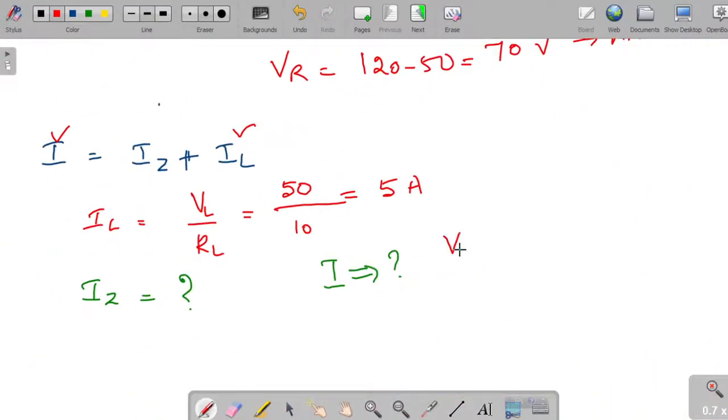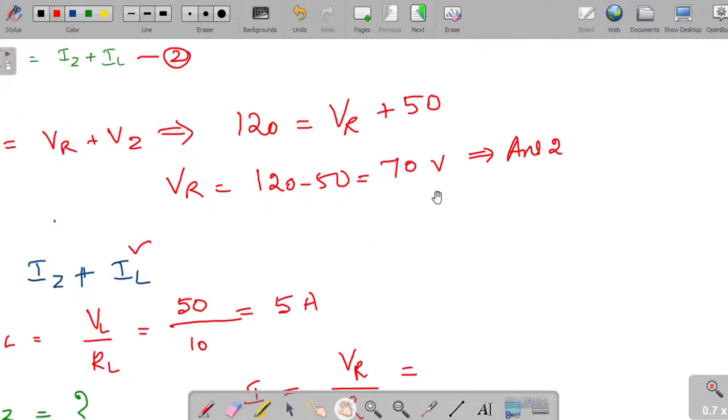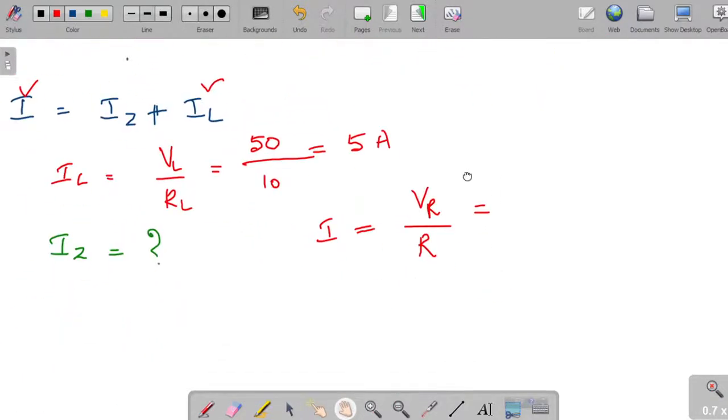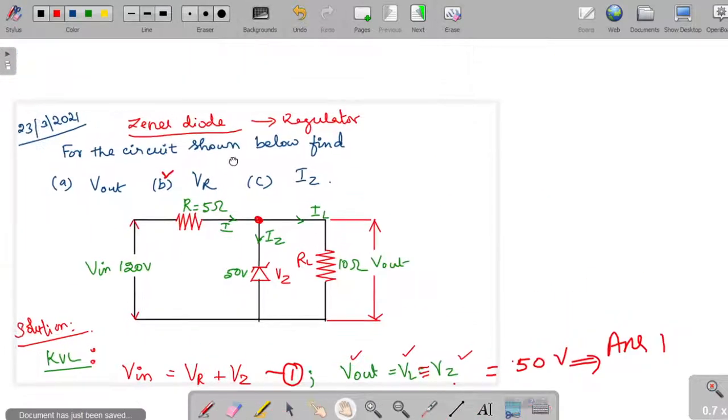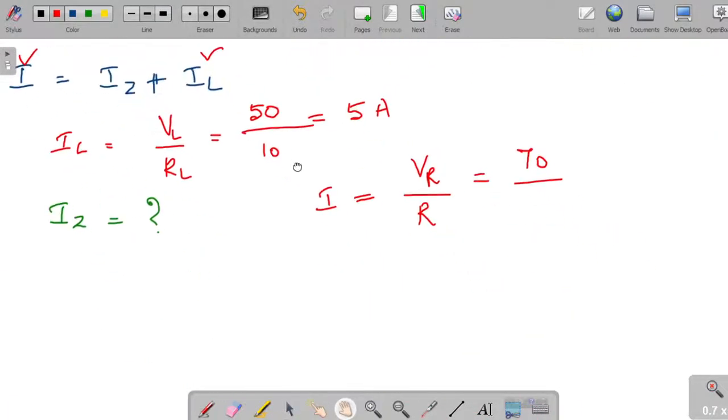So I can be calculated using this formula, I is equal to VR by R. VR we have already calculated in the second one, 70 is the VR. So 70 volts divided by the R value, which is given in the problem itself as 5 ohm. So we put that value as 5.